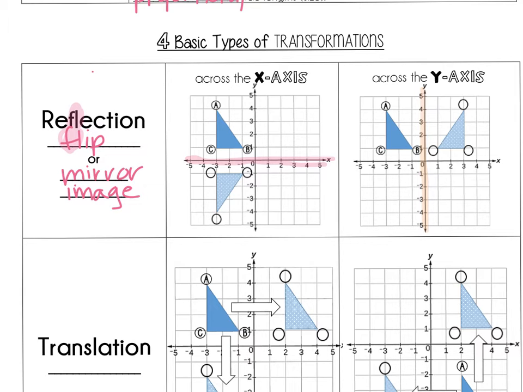So when we are naming our shapes, triangle ABC is the original, but the new image is A prime, B prime, and C prime. So you have a little apostrophe after the letter.